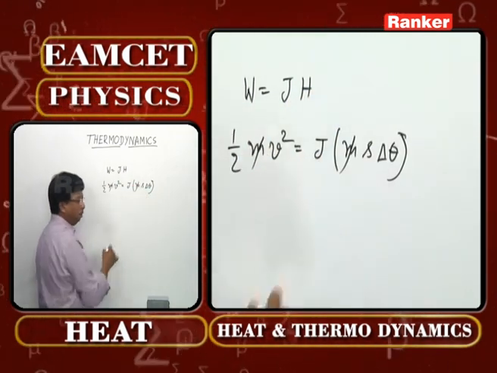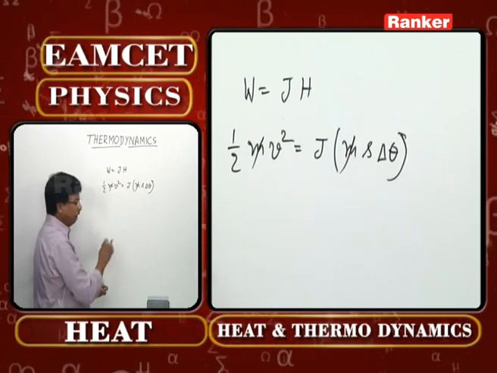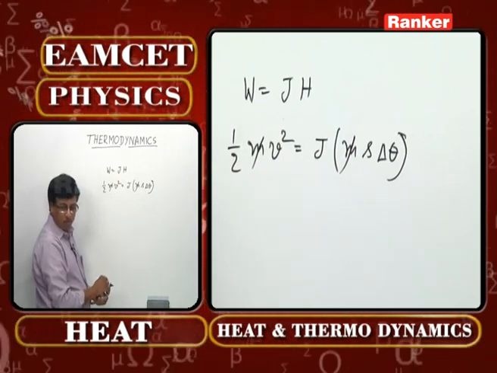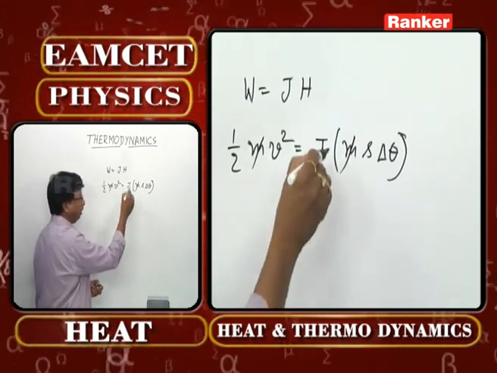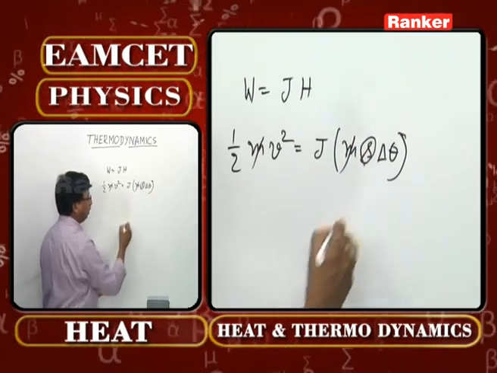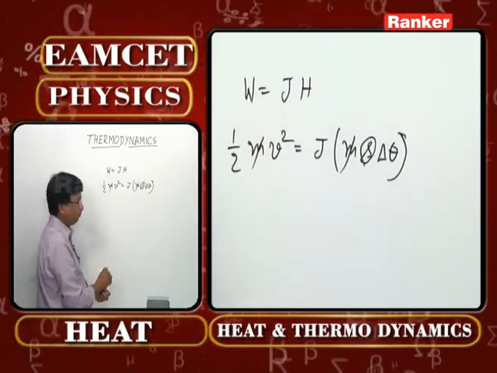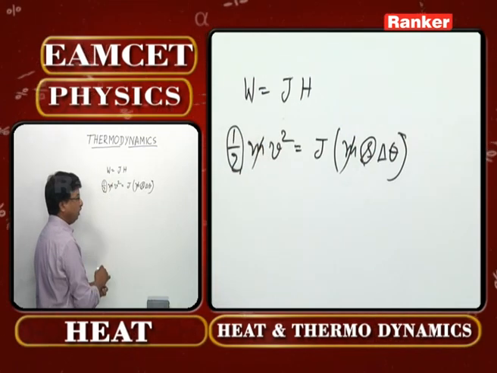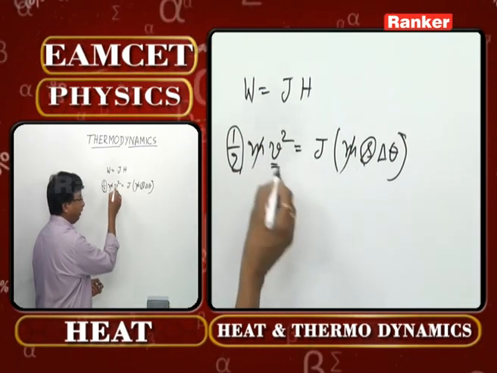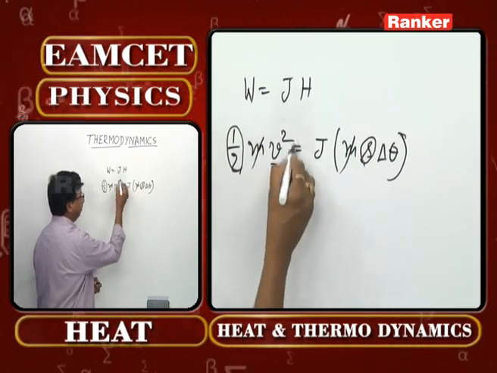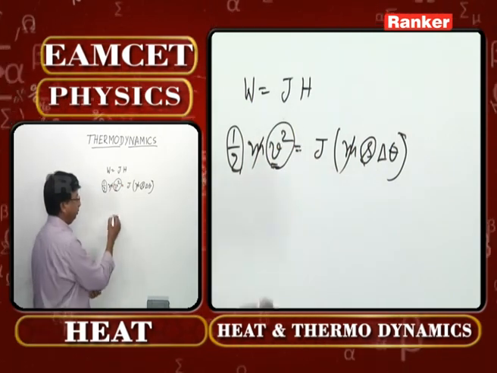But see carefully, mass gets cancelled. In addition, he has given two metal balls of the same material. Same material means specific heat remains constant. Half anyhow is constant. They are traveling with the same velocity, which means velocity square will also be the same.